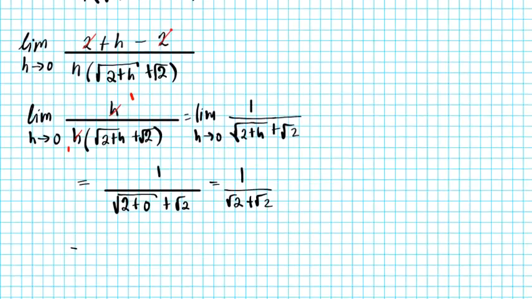Your final answer is going to become 1 over 2 root 2. Okay? If you rationalize the denominator by multiplying top and bottom by root 2, this can also be written as root 2 divided by 4.